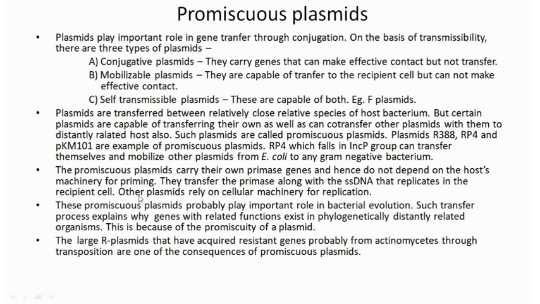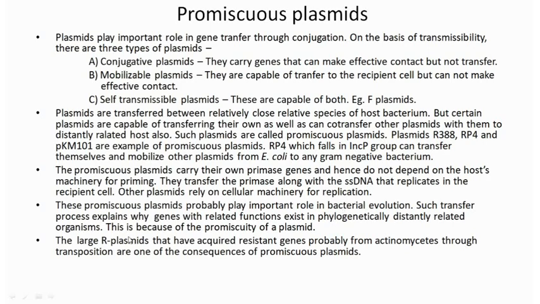When the priming has been initiated, the other part of the replication process can be done using the cellular machinery. So they transfer the primase along with the single-stranded DNA that replicates in the recipient cell after entering it. Other plasmids actually rely on the cellular machinery. These promiscuous plasmids probably play an important role in bacterial evolution. How?